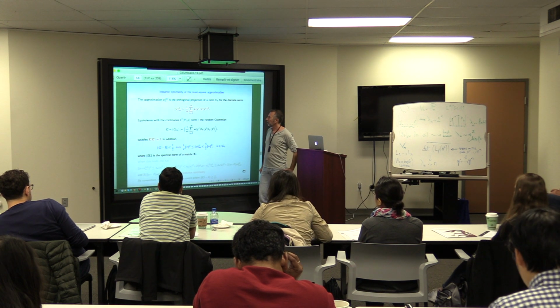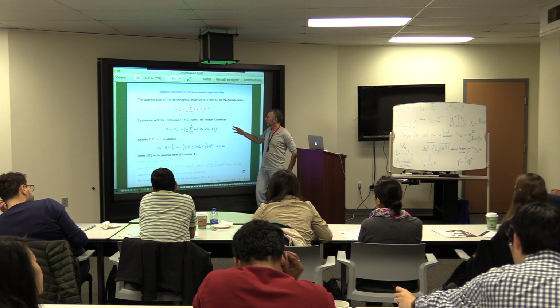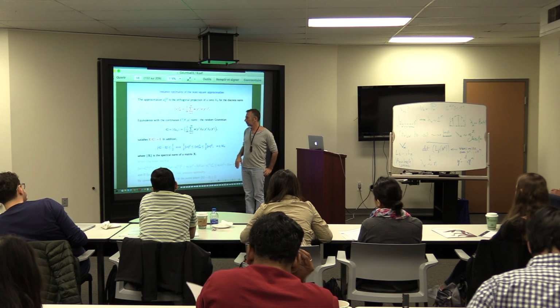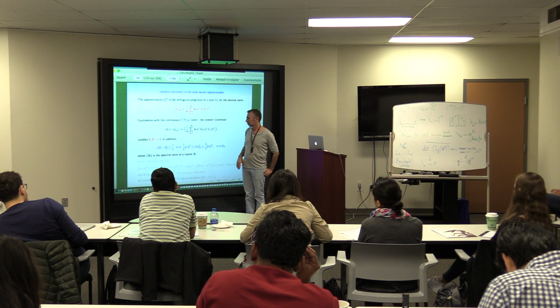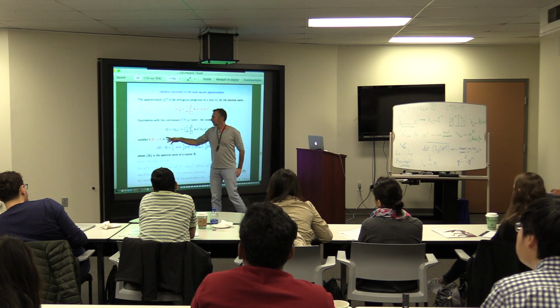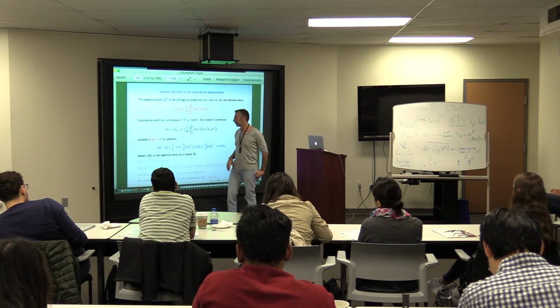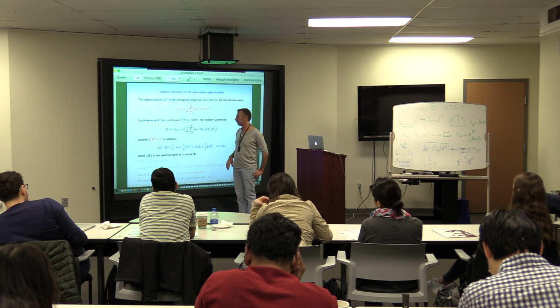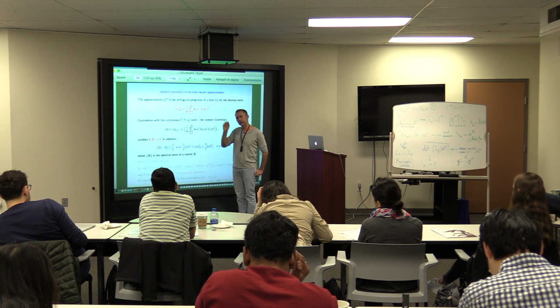So again, let's consider this random Gramian. It satisfies that the expectation is I. It's a symmetric matrix.